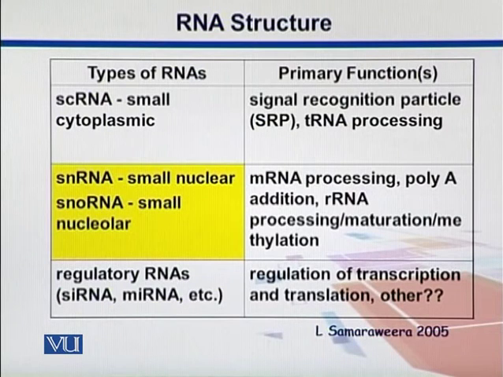They play roles in the addition of poly A tails to those messenger RNAs, and in ribosomal RNA processing, maturation, and methylation. Regulatory RNAs, siRNAs and microRNAs, are smaller in size, and they regulate the transcription and translation process. In addition, there has been ongoing research on this category of RNAs where new roles have also been predicted.